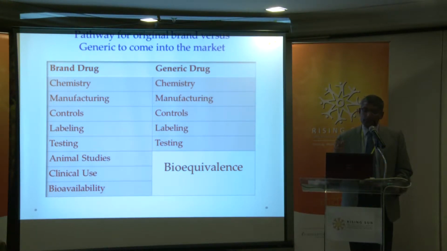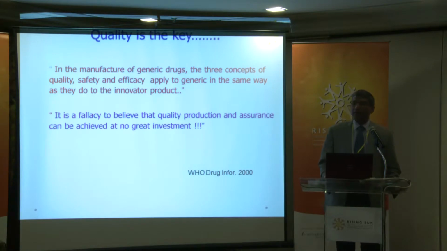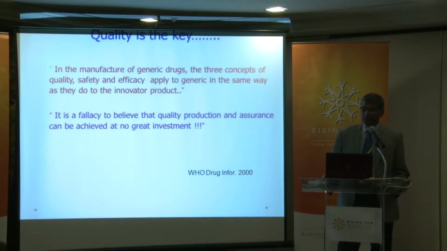So a very big aspect of approving the drug is not utilized when we approve generics. Of course, quality is the key. When you are manufacturing a generic, the three concepts of quality, safety, and efficacy apply very stringently.